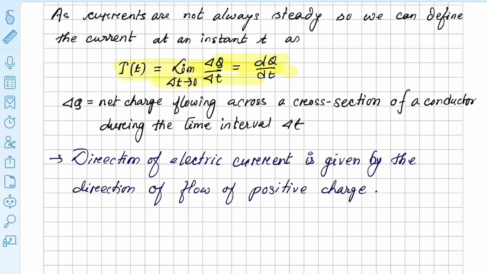Remember, we're going to consider the direction of electric current in which direction the positive charge in a conductor will flow. Okay, so hope you have understood this.